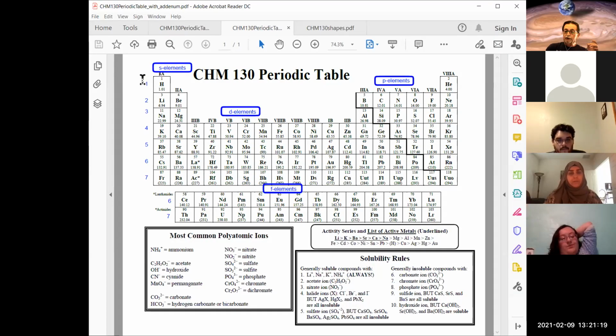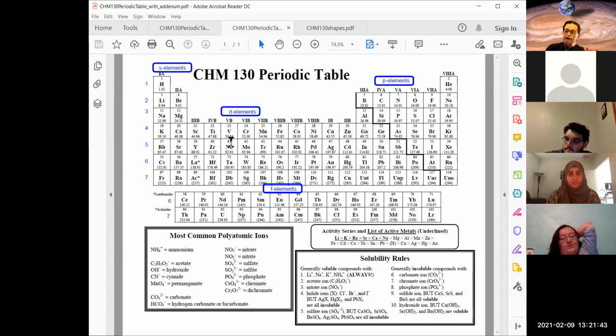See that far number on the left in blue? I got 1, 2, 3, 4, 5, 6, and 7. When we get to the chapter on the periodic table, the horizontal rows of the elements are called periods, which relate to the energy levels.